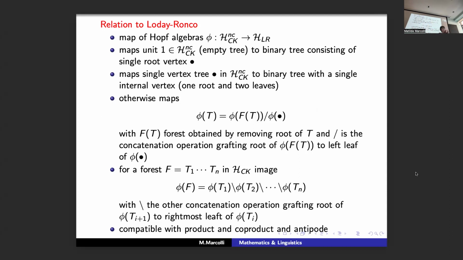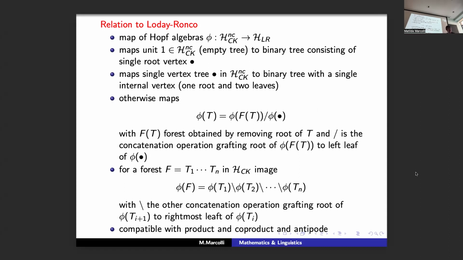Now these are all smaller degree terms, so this is built inductively. So I supposedly know at this point what this goes to. And then I have this tree and I attach it by this operation that attaches it to the left.